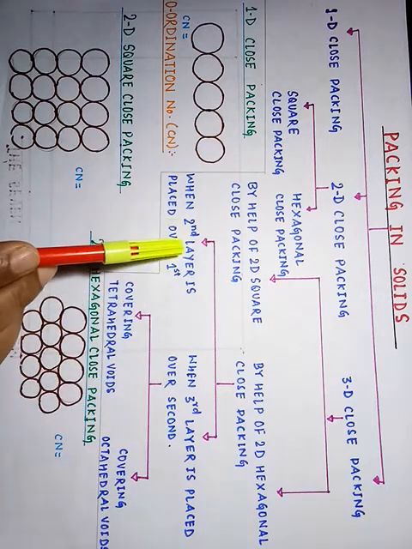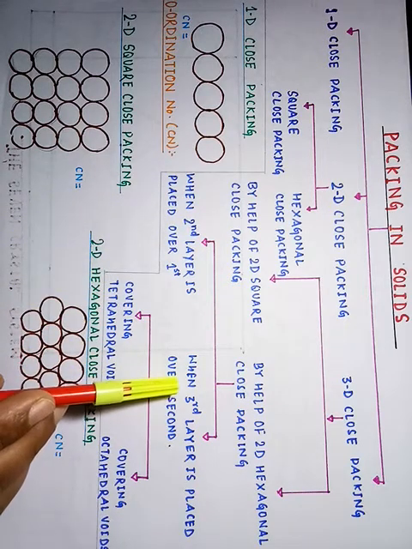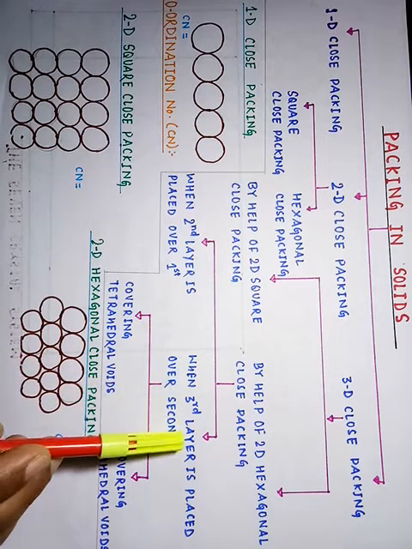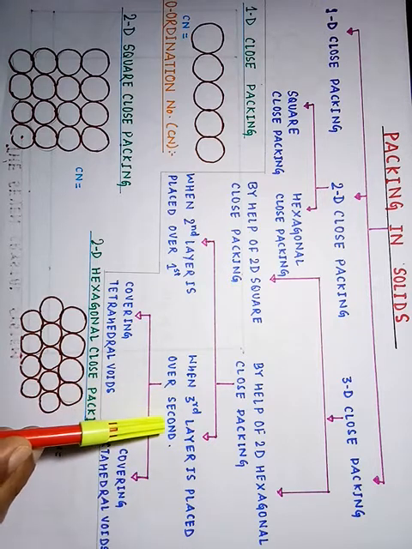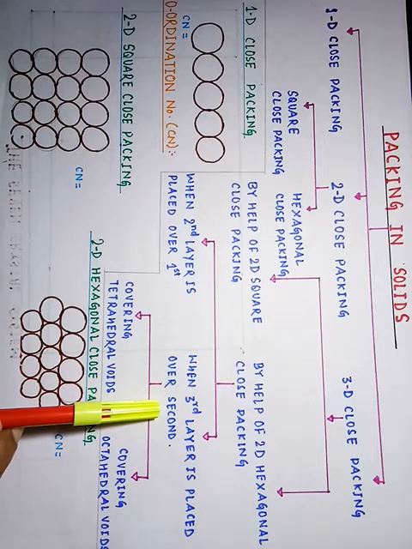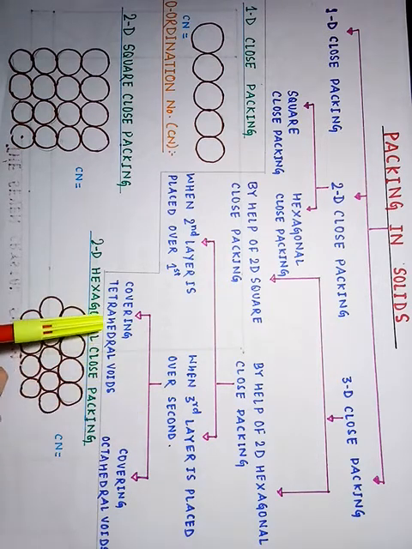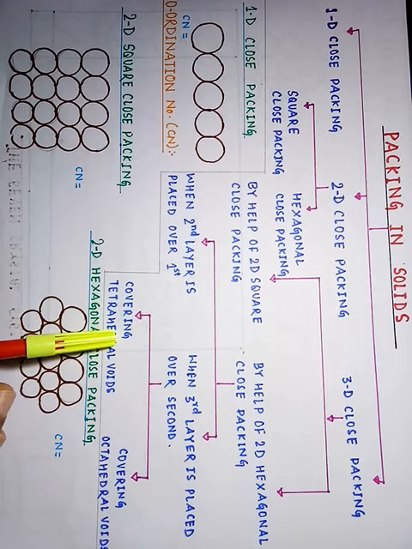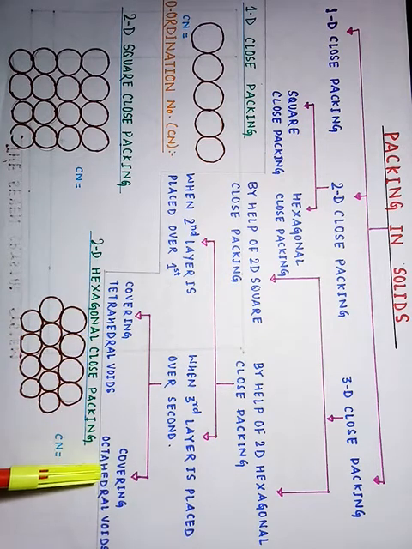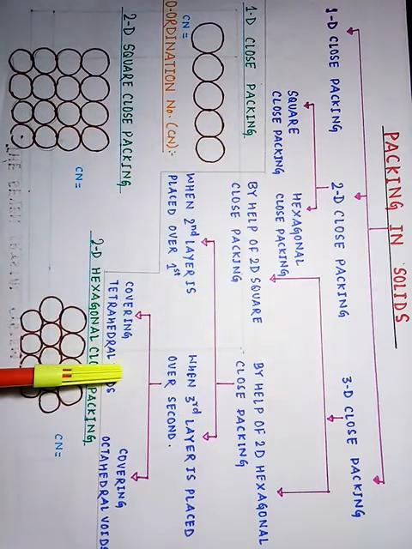So when the second layer is placed over the first, and when we talk about three layers, when the third layer is placed over the second, two things will be kept in mind. First, tetrahedral voids will be covered, and second, octahedral voids will be covered. So this is the whole flow sheet of packing in solids.